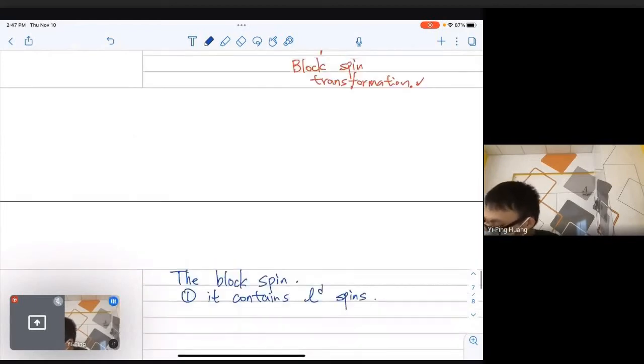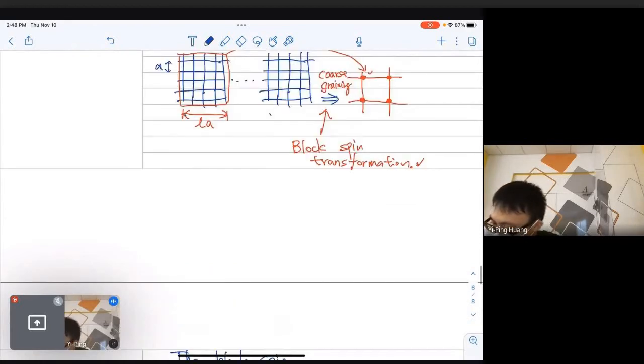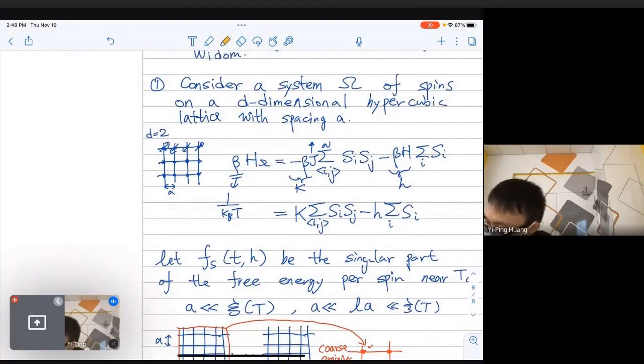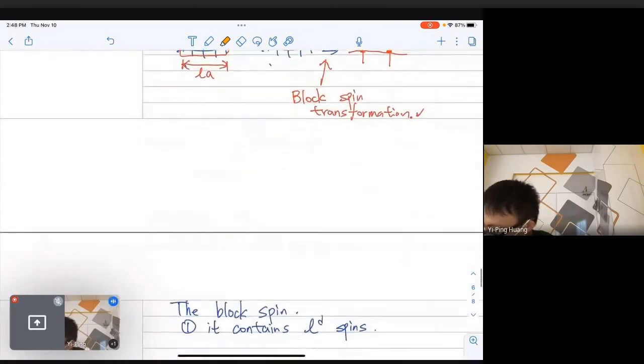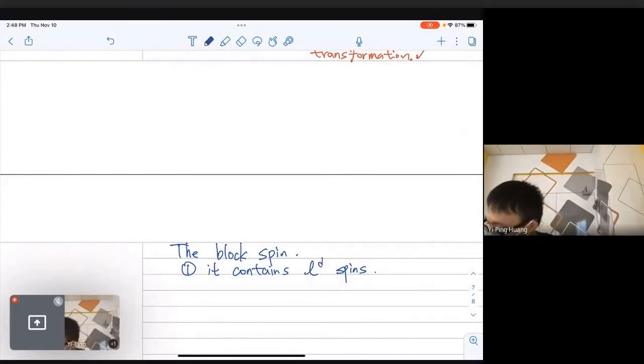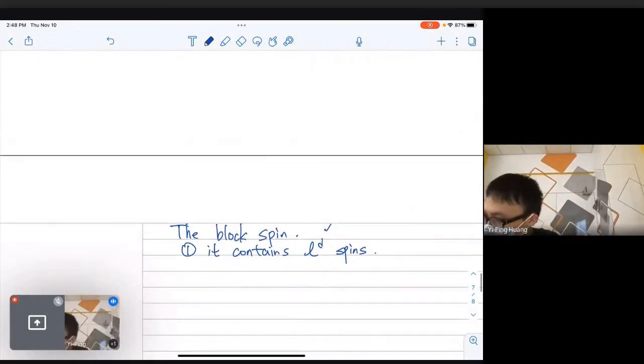The reason is reasonable, because even though in our picture we are drawing a 2D picture, the original problem is a d-dimensional hypercubic lattice. So what this block spin does is coarse graining on a scale such that the size of the block is L, which means that in d-dimensional space we have a cube with volume L to the power of d spins. So this process is reasonable.